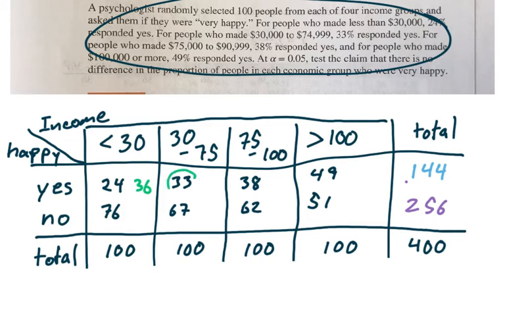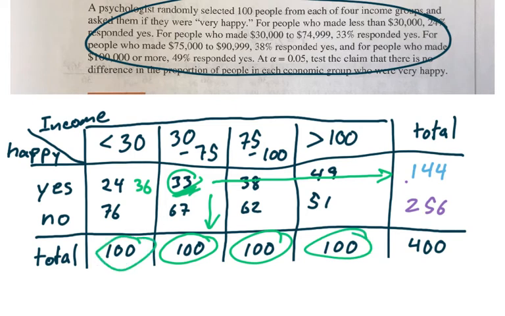Okay, moving on to this next one. To find the expected value, we have the observed value. To find the expected value, we'll multiply its row total times its column total. But notice that the column total is the same each time. So all of these are going to be multiplying by 100. And notice all of them are in the top row.